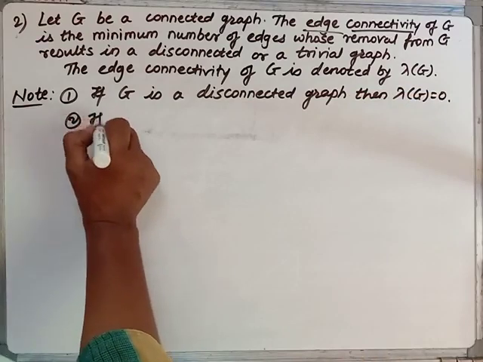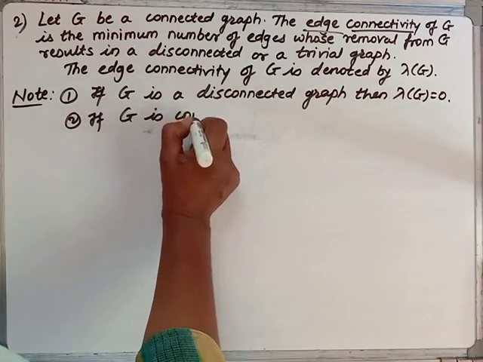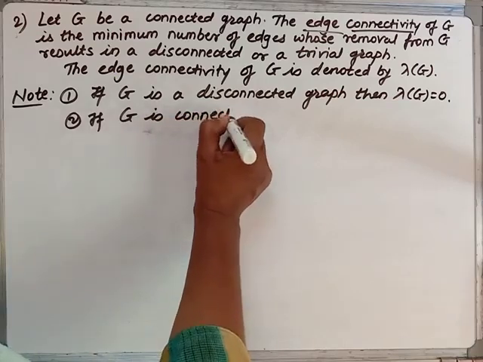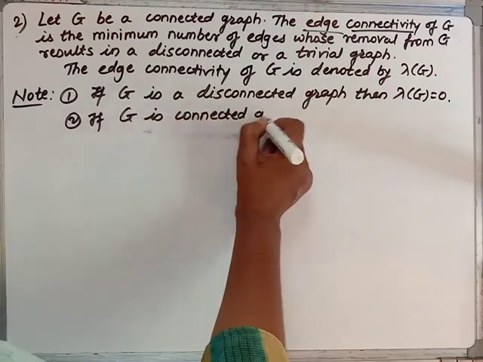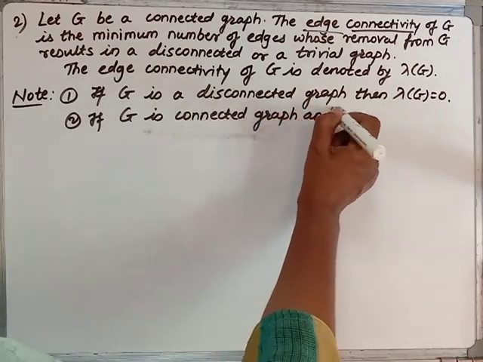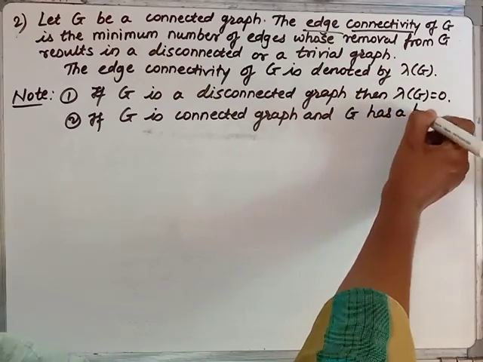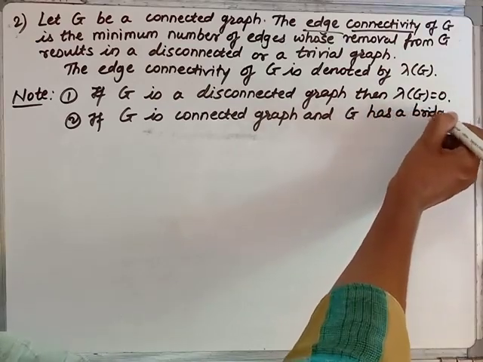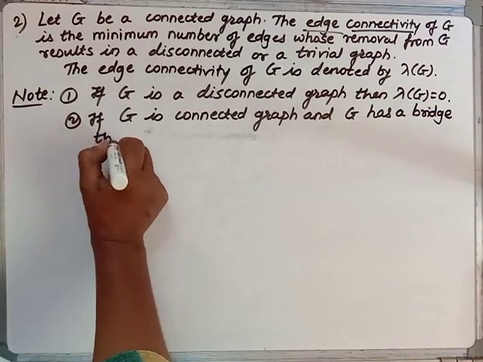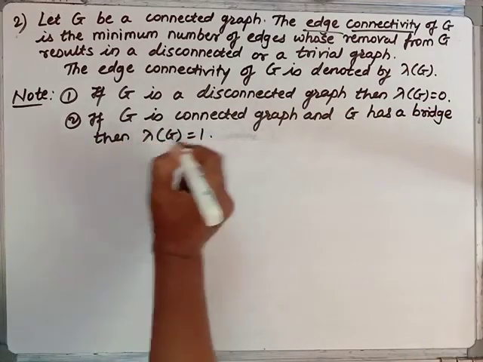Second, if G is a connected graph and G has a bridge, then edge connectivity of G is 1.